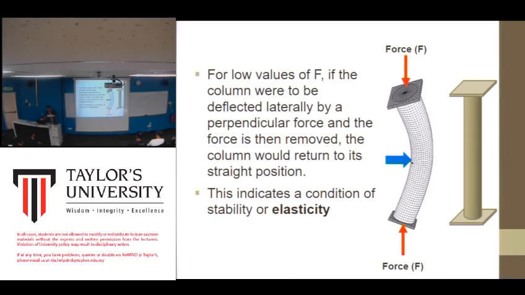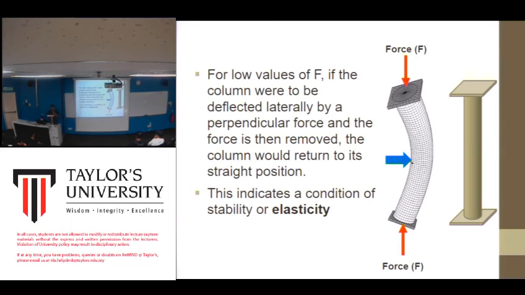For low values of force, if the column were deflected laterally, meaning you have a force on top and the column is already shortened a bit, and then there is some force coming from the side, it might bend like that. When the force is removed, the column would go back to the straight position.